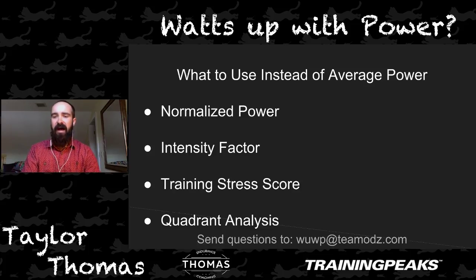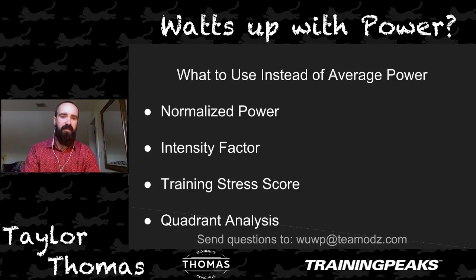A really high VI lets us know that it was a very taxing ride. A low VI tends to let us know that it was more consistent and, from a metabolic or physiological response perspective, may have been less taxing. So normalized power is a really important metric to understand, and it gives us a lot of insight.